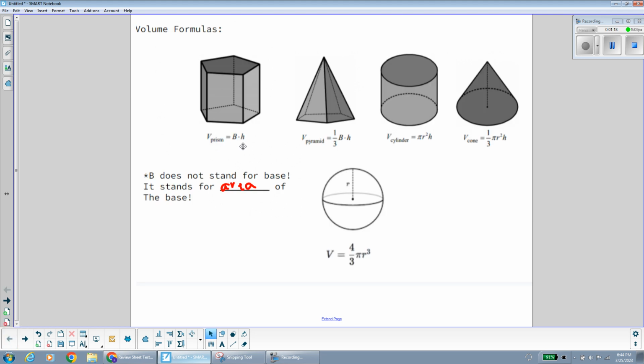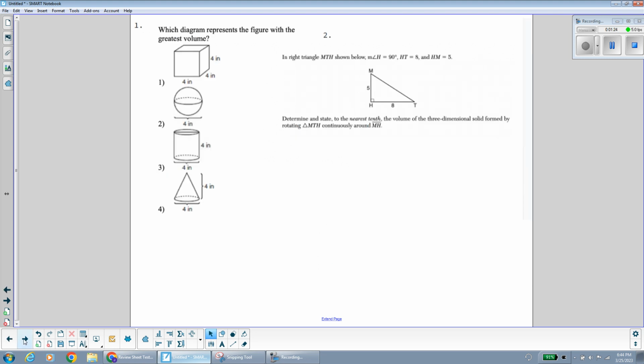So we have our formula for volume of a prism. It is area of the base times the height. Since the base is a square, we find the area of a square by doing length times width. But since all sides of a square are equal, the length and the width are the same. So we generally write the area of a square base as side squared times the height.